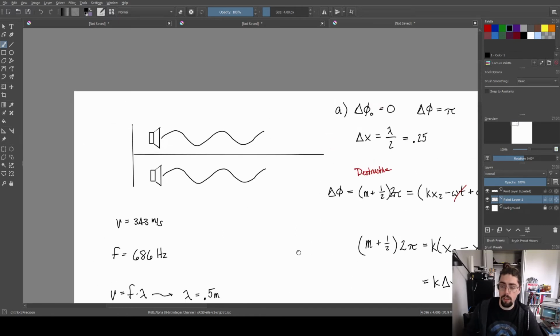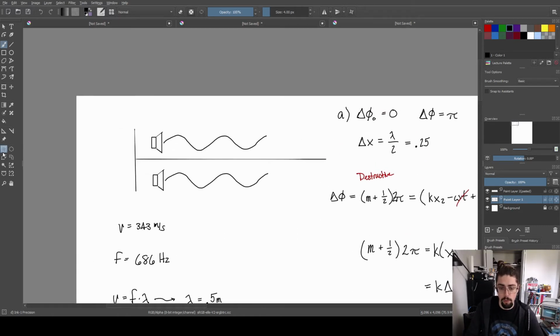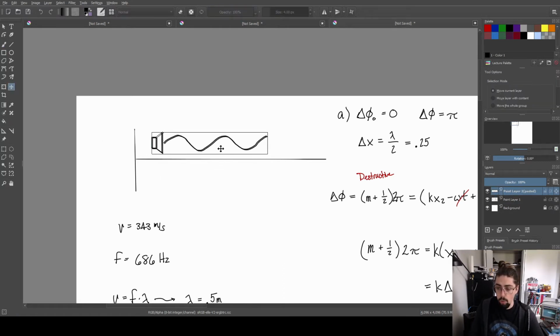The difference between those, if we go back to our speaker description here, really the only difference between them is something like this. Are we at negative pi? Are we at positive pi? Are we at positive 3 pi? Are we at positive 5 pi?